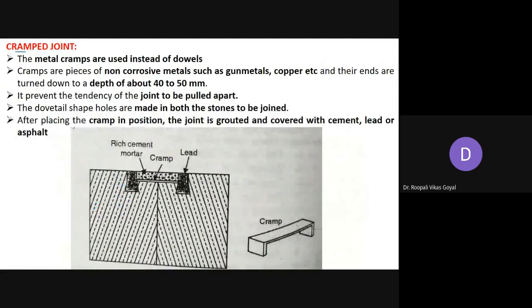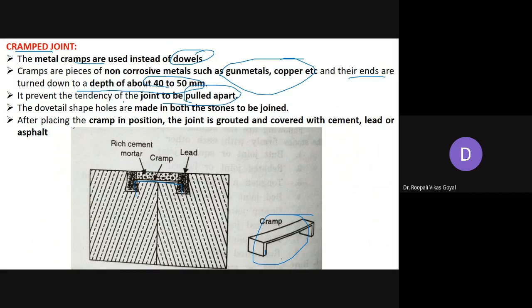Next is cramped joint. Basically metal clamps are used instead of dowels. So instead of dowels, now we are using such kind of metal clamps. These metal clamps are generally pieces of non-corrosive metals such as gunmetal or copper, and their ends are turned down to a depth of about 40 to 50 mm. This type of cramp will prevent the tendency of joints to be pulled apart, so it will not allow them to pull apart.